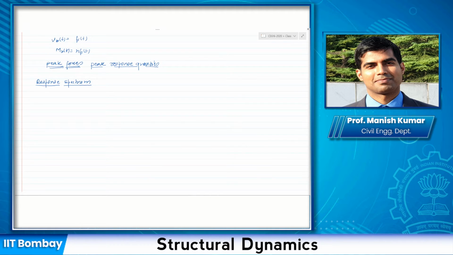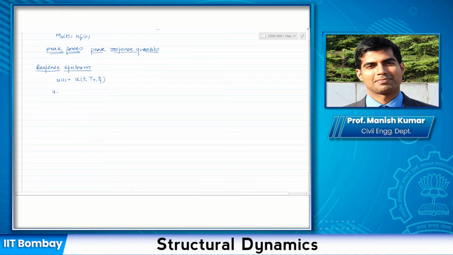Now for a ground motion, we have said that my displacement depends on what parameters? t, T_n and zeta. So if you have to find the maximum value of u_0, how do I find that? It would be the maximum over time of u(t, T_n, zeta).